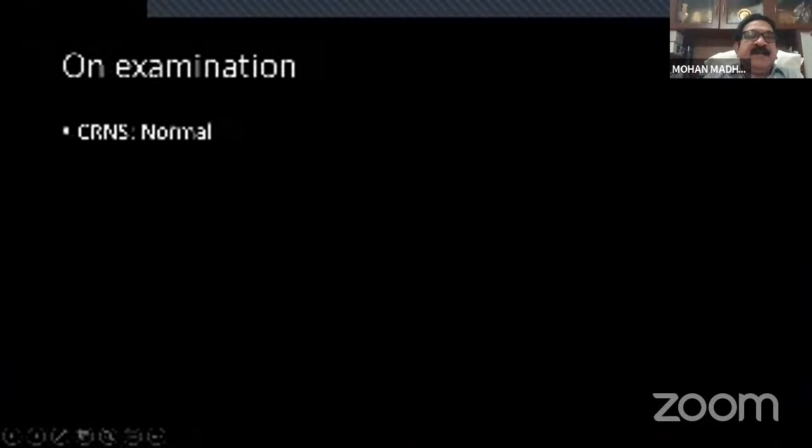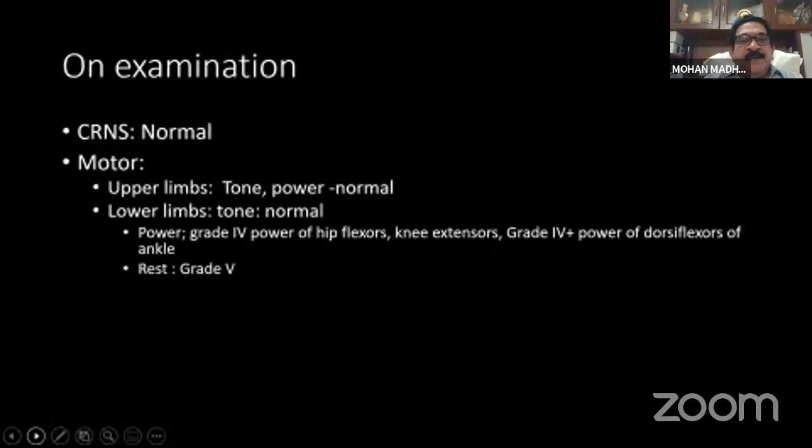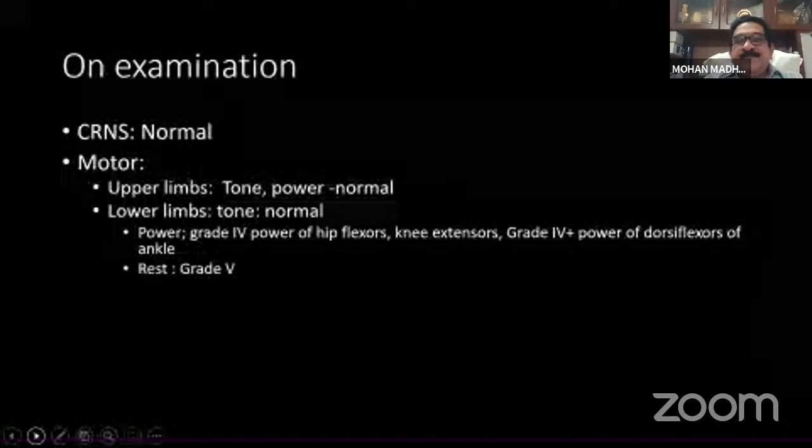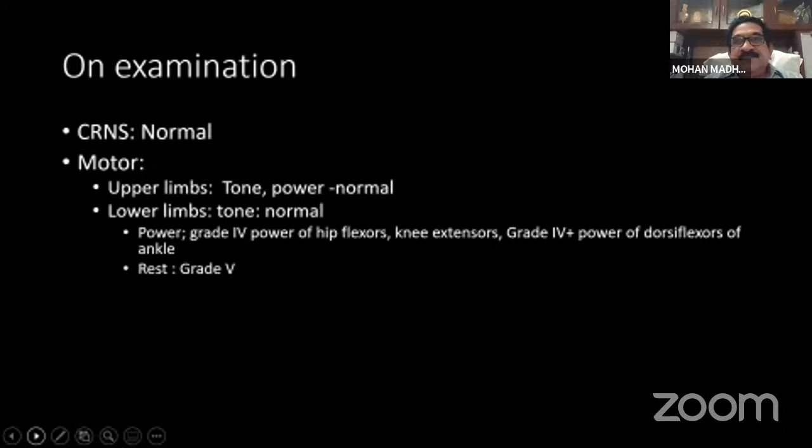Now, on examination, the cranial nerves are normal. Motor: upper limb tone and power normal. Lower limb tone normal. Power: gait 4, power of hip flexors and knee extensors grade 4 plus, power of dorsiflexors and plantar flexors slightly more weakness in the proximal muscles. Rest of the muscles were grade 5. DTRs: upper limb normal.